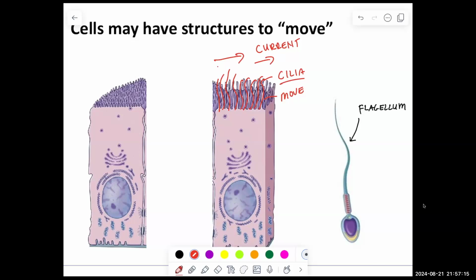This happens when you breathe. This is what moves the mucus out of your lungs when you have to hawk a loogie. Cilia create currents, folks. This last one, there's these little, they're like nubbins. They are just small extensions of the cell.